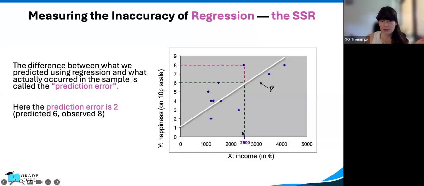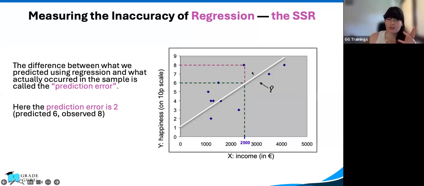So if you look here, for someone who earns 2,500 euros, the regression line predicted their happiness at 6. But what actually happened in the data, you can see with this blue dot up here, the person in the sample who earns 2,500 euros, their happiness level is actually at 8.